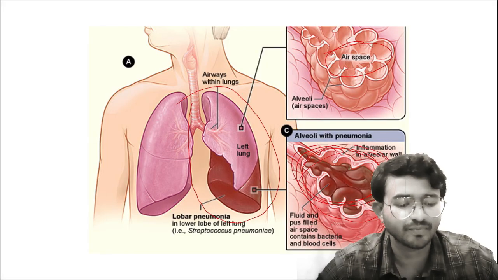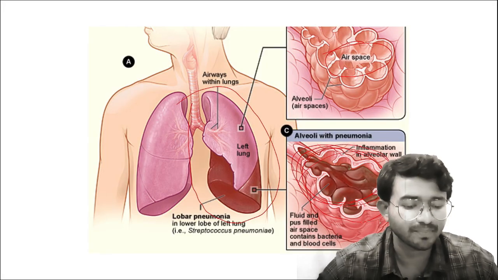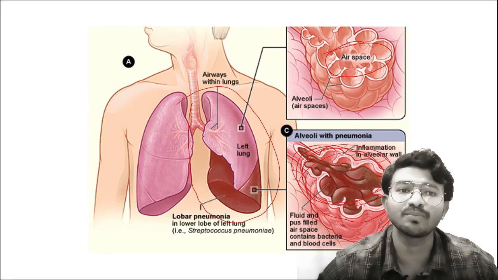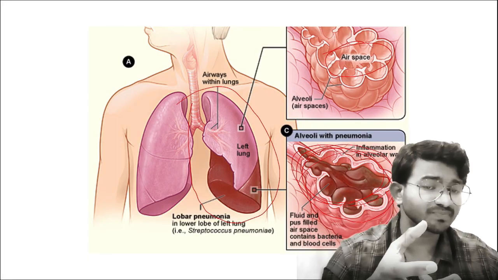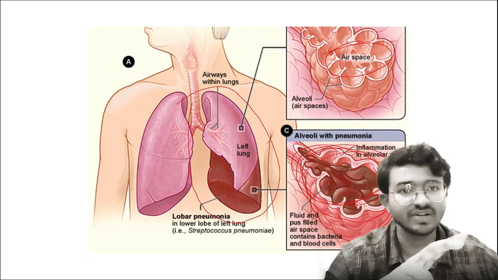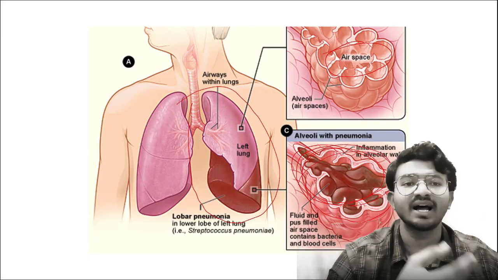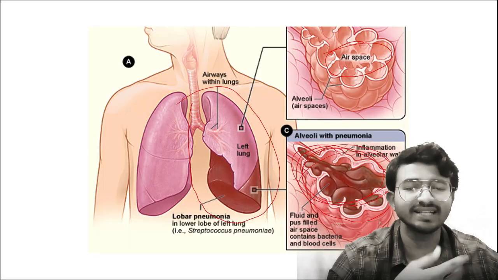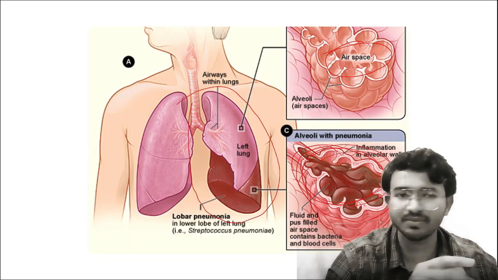Whenever the airway sacs fill with fluid or pus, it contains a large amount of bacteria and blood cells. Because of the pus, gas exchange will reduce, then the patient will get hypoxia and shortness of breath, and the body will react with systemic manifestations, so the patient will get fever and systemic problems.